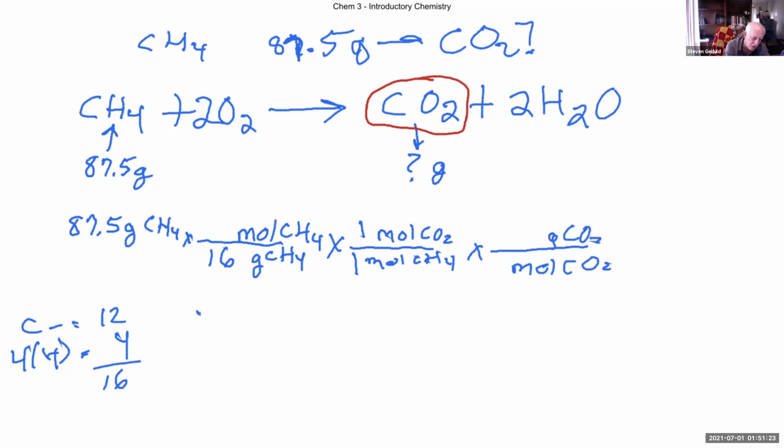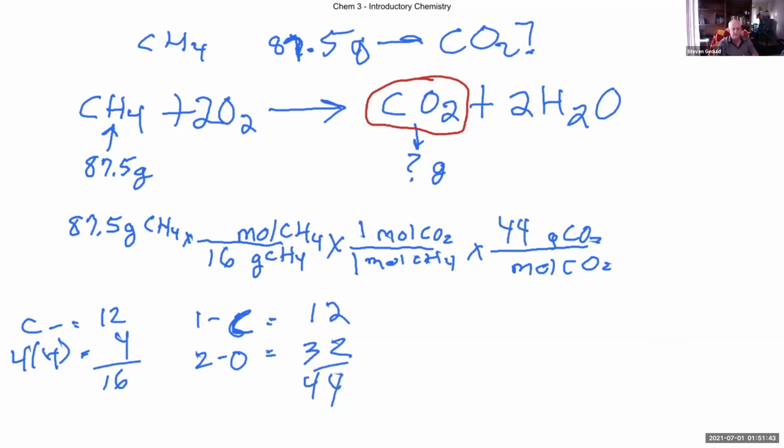So I got 1 carbon and 2 oxygens. So 12 and 16 times 2 is 32. I got 44. So 44 grams of CO2.